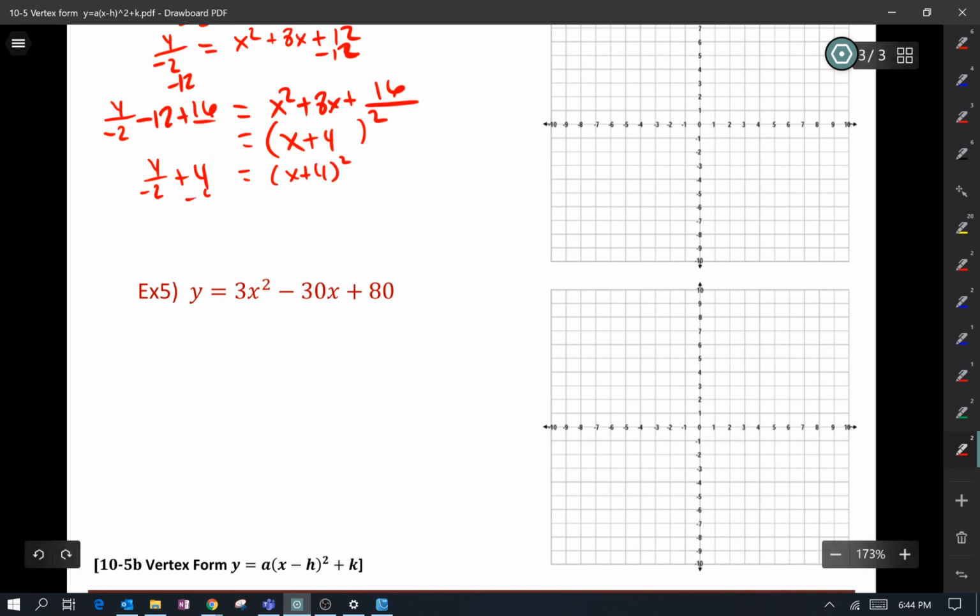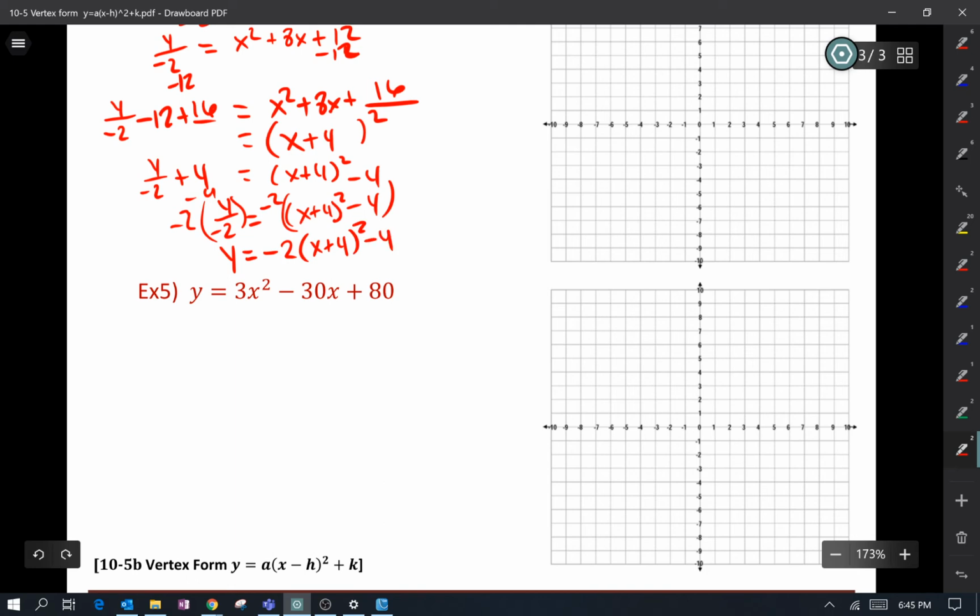Bring the 4 over, minus 4 minus 4. I get y over negative 2 equals x plus 4 squared minus 4. I'm going to multiply both sides by a negative 2. So I end up with y equals negative 2 parentheses x plus 4 squared minus 4.